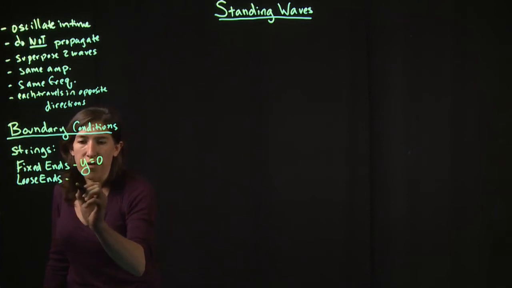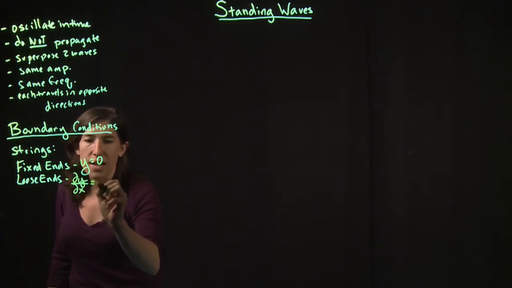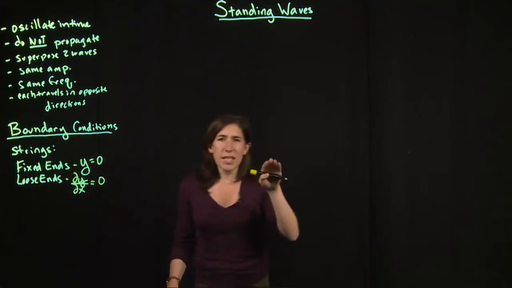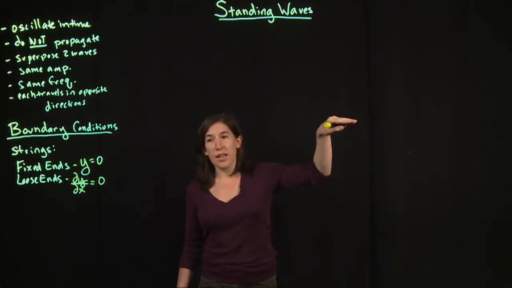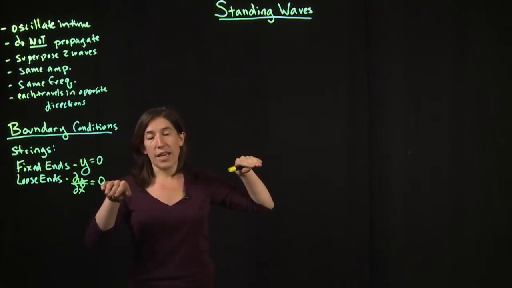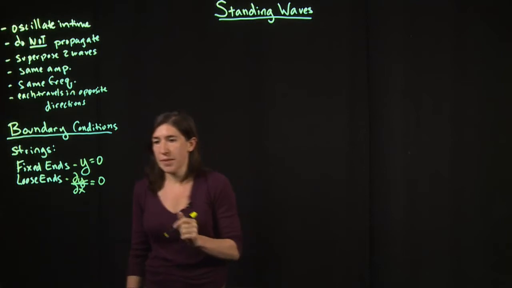In that case, the partial derivative of the function describing your wave with respect to x has to vanish. Basically the slope of the waveform at the boundary has to vanish. And again, maybe this will become clearer when I actually start to draw some pictures.